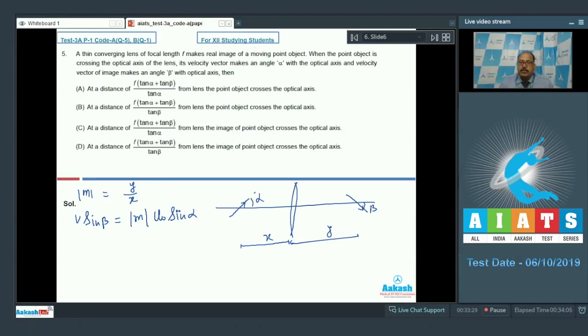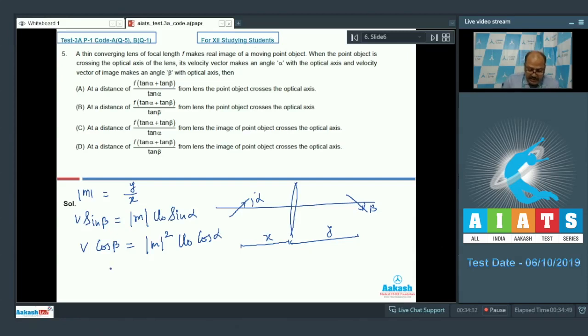This is true at the instant the object is crossing the principal axis. And further we can say that v cos beta is mod m square into u0 cos alpha.